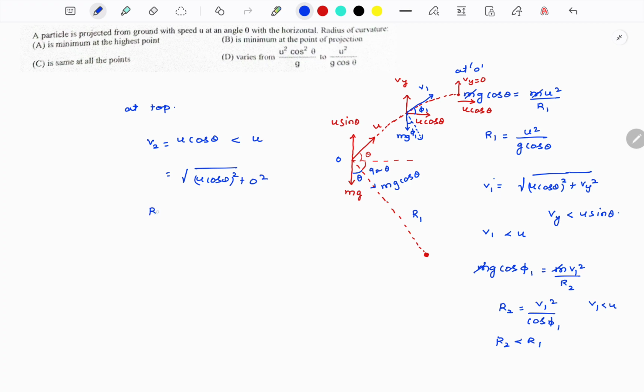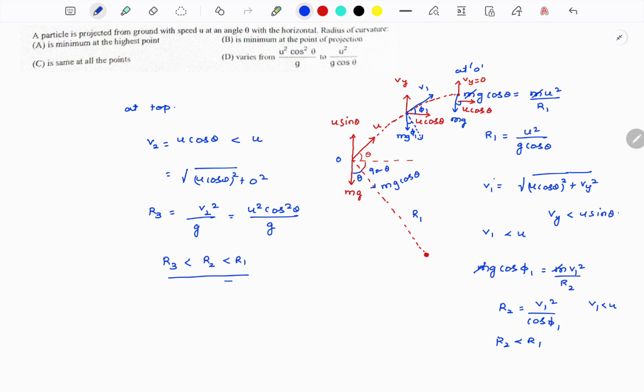So the radius at this point r3 will be equal to v2 square by g cos phi 2, and in this case the angle is 90 degrees, because mg is acting this way and the angle between them is 90. So u square cos square theta by g is the radius at this point, which is less than r2, and it is less than r1.